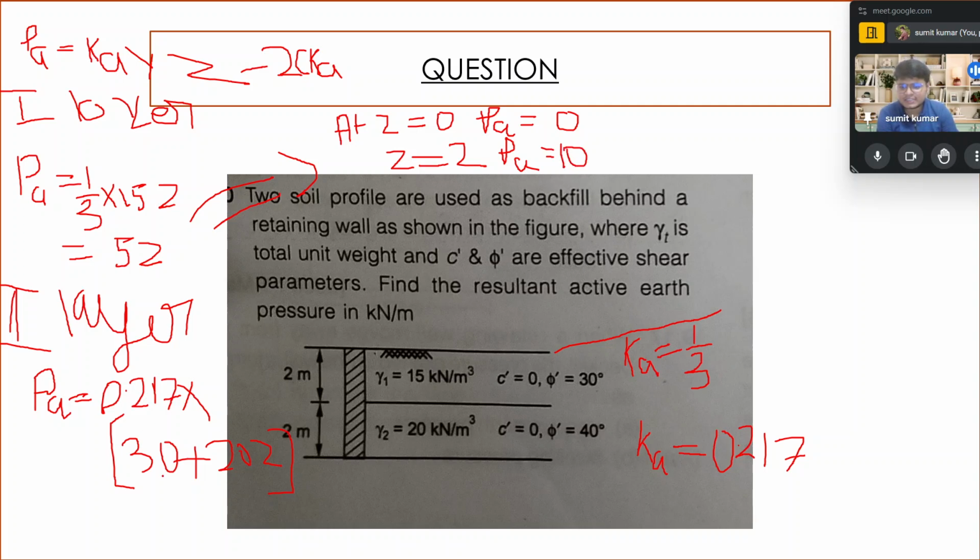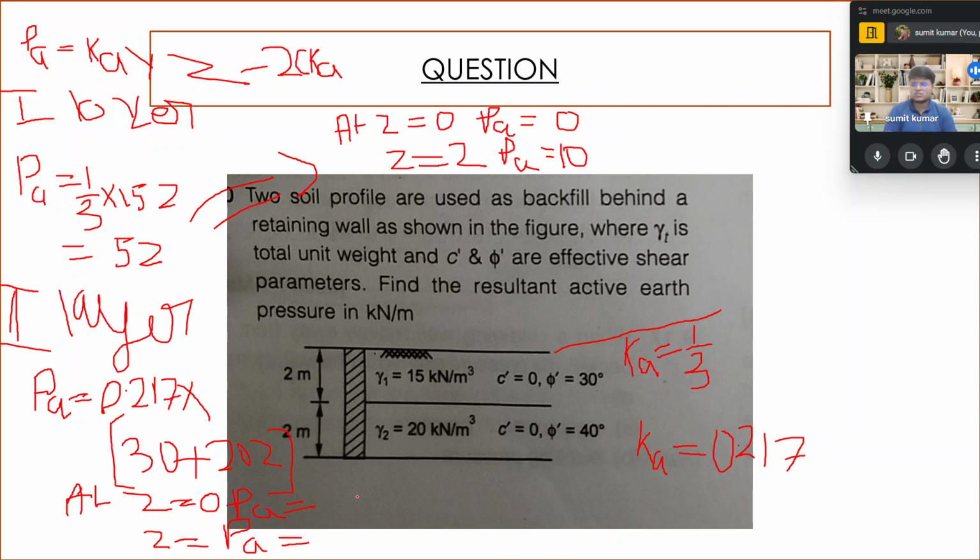Now over here at Z equal to 0, E equal to what? And Z equal to again 2, E equal to what? We are interested in this, and after calculating those areas, we are going to get our value.